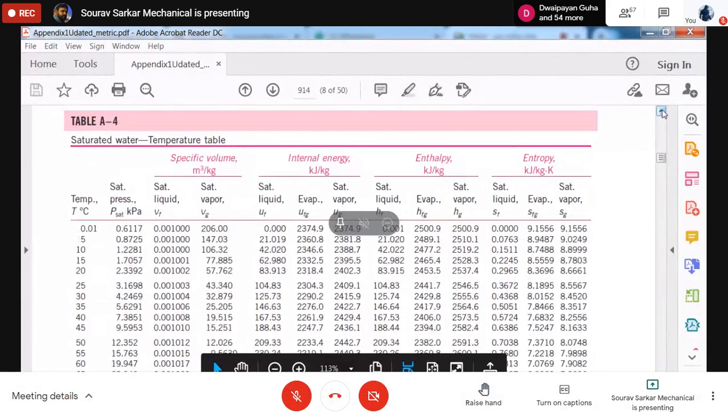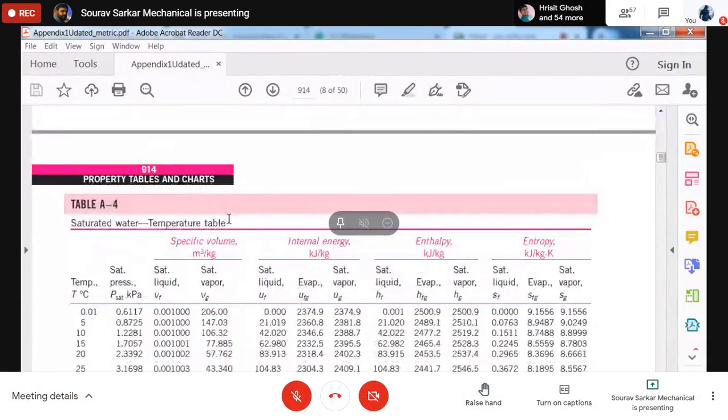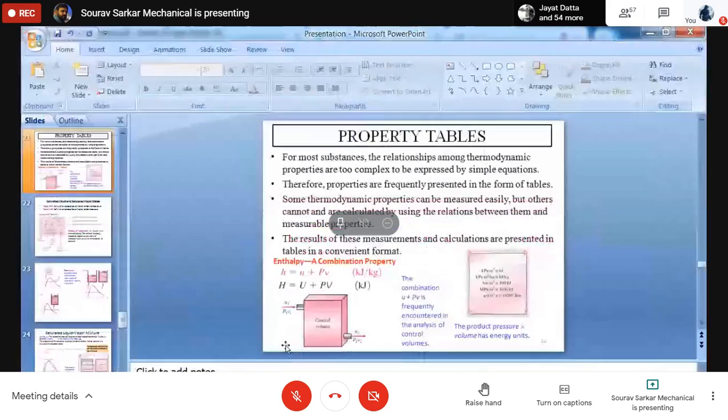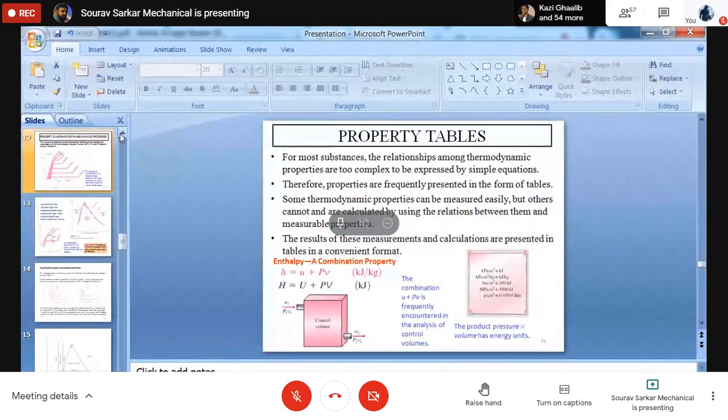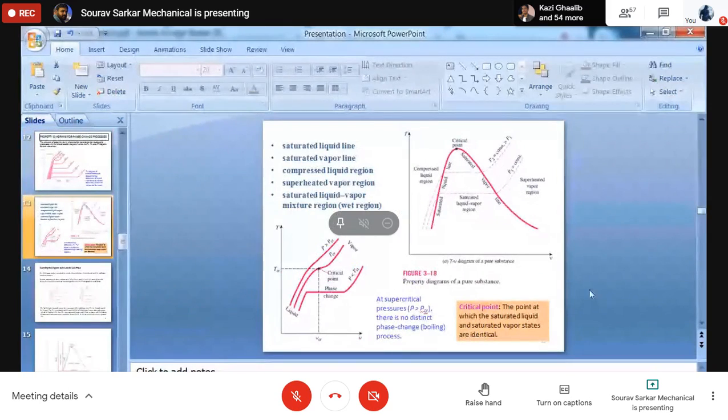So in the first class on pure substances, I told you that if you go to that table, the table is written as saturated water temperature table. So if you read this line, it is written as saturated water. What do you mean by saturated water? Saturated water is basically talking about this line.